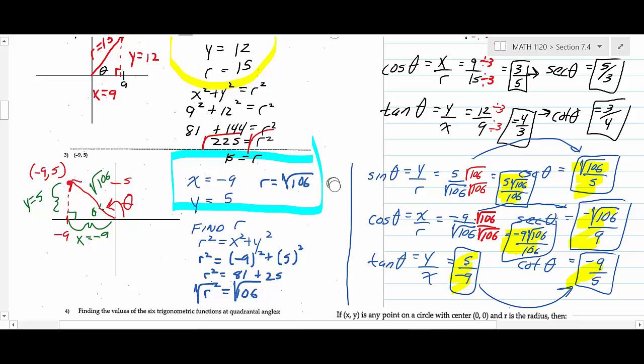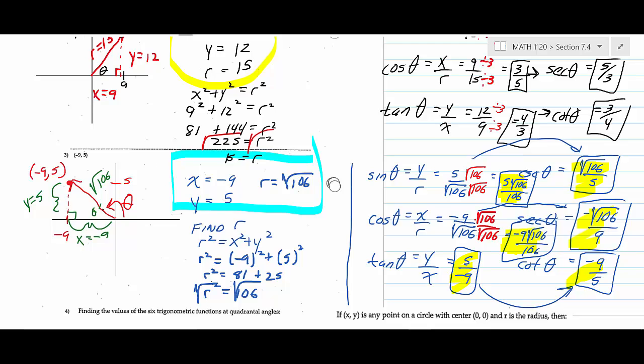Ultimately in this problem, it just means find x, y, and r. If you found x, y, and r, you would get the same answers. If you did sine is opposite over hypotenuse, you'd still get the same answer. But technically, in the definition of trig functions, you're looking at an angle that's in standard position. Sure, that's the idea.